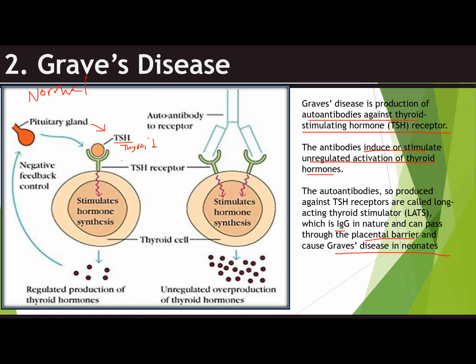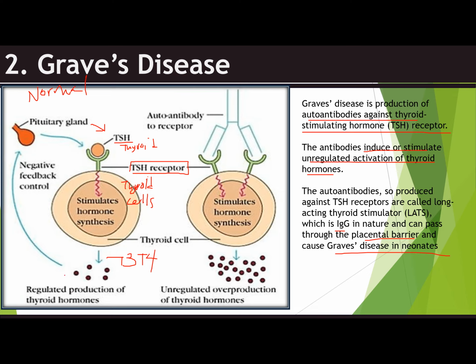So, pupunta siya, mag-a-attach siya sa so-called TSH receptor. Yung TSH receptor class, nandito yan sa thyroid cells nyo. Pag nag-attach siya sa TSH receptor, it would now cause the thyroid cells to create more T3 and T4.